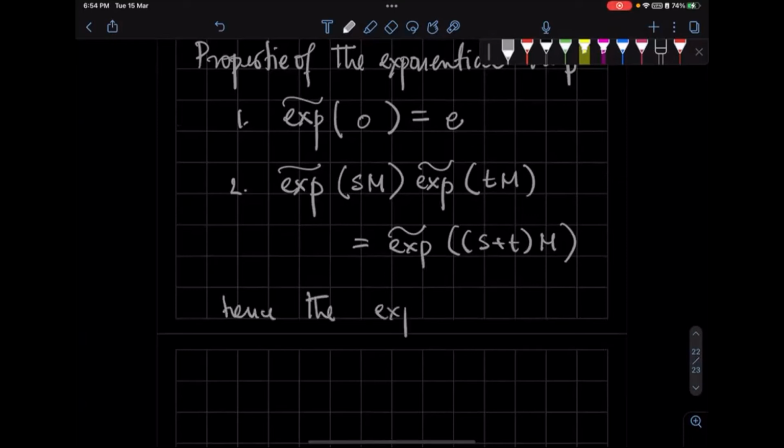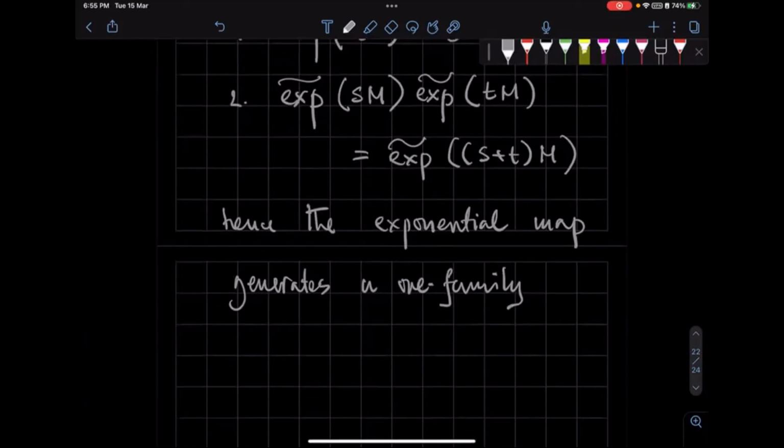And hence, the exponential map generates a one parameter family, I should say. The alpha is the parameter.